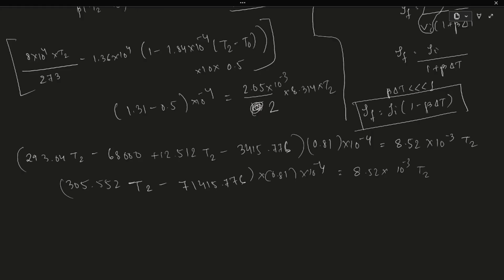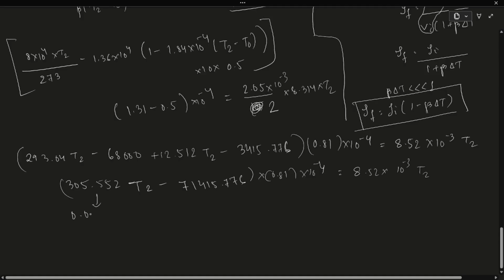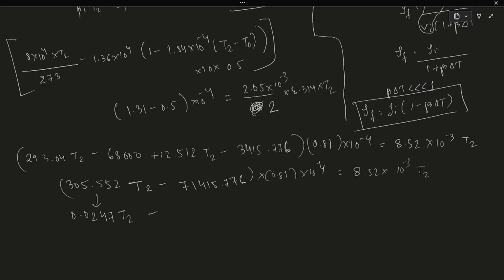305.552 into 0.81 into 10 to the power minus 4 is 0.0247 T2, minus 71415.776 into 0.81 into 10 to the power minus 4, which is basically 5.78, equals 8.52 into 10 to the power minus 3 T2.